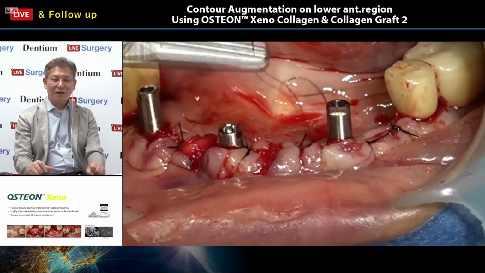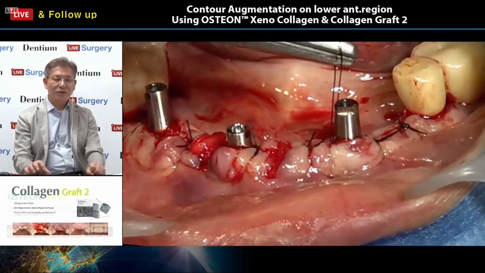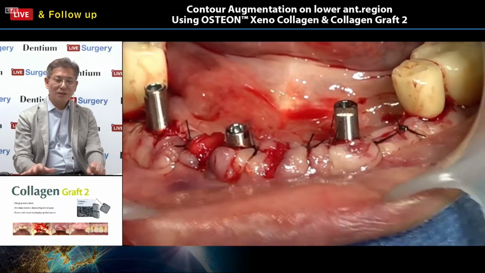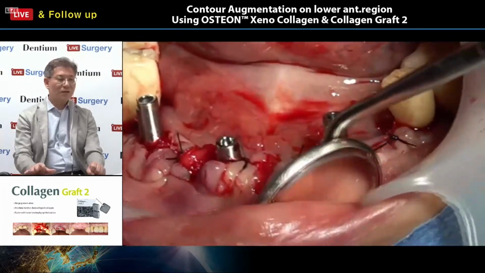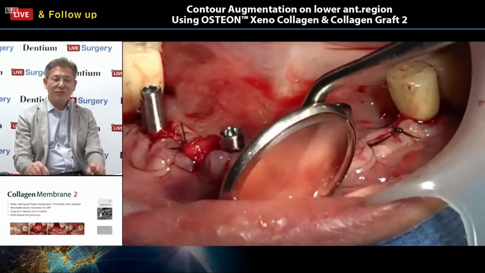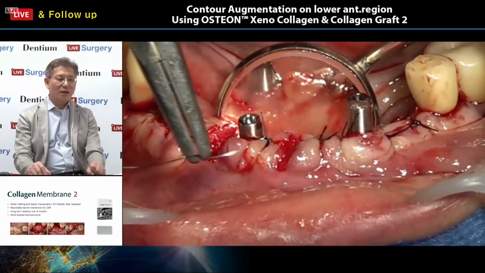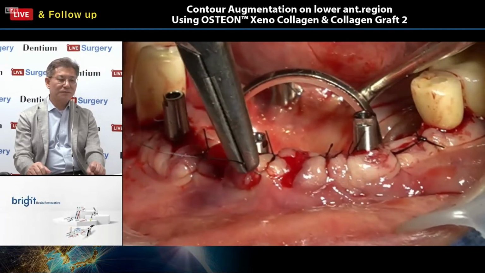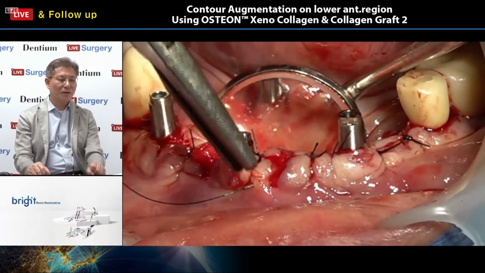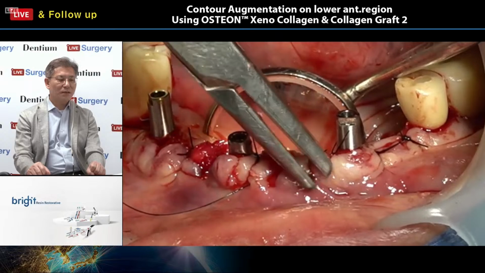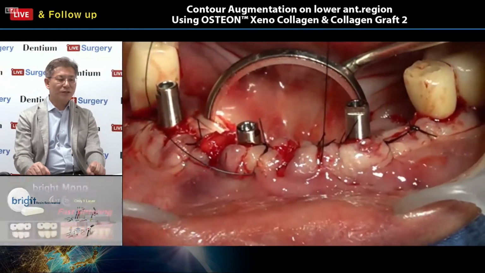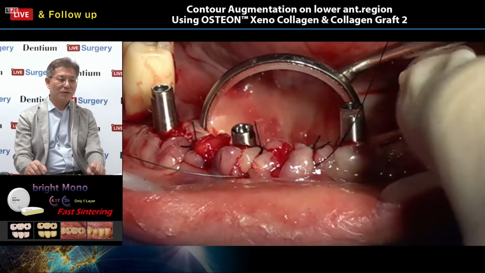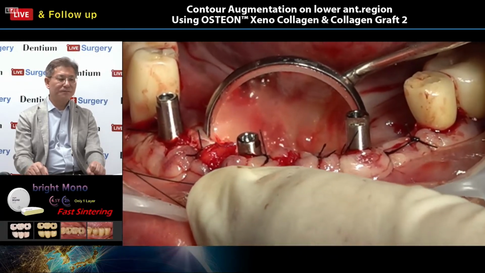For me, at an extraction socket site, I prefer to use the hidden X, internal cross suture. Another name is hidden X, right? In other ridge areas, I prefer to use interrupted sutures plus horizontal mattress sutures. The suture material is 4-0 basically, and sometimes I use 5-0.